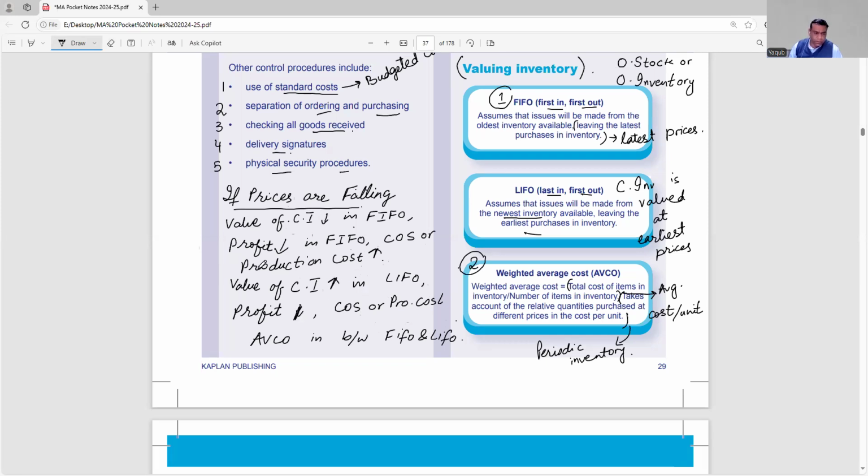Profit will be highest too under LIFO when prices are falling, and cost of sales and production cost will be lowest. Once again, AVCO will remain in between FIFO and LIFO. So don't forget the difference between rising and falling prices because it is usually asked by the examiner in actual exams.